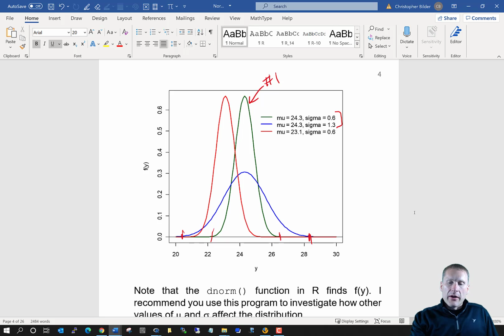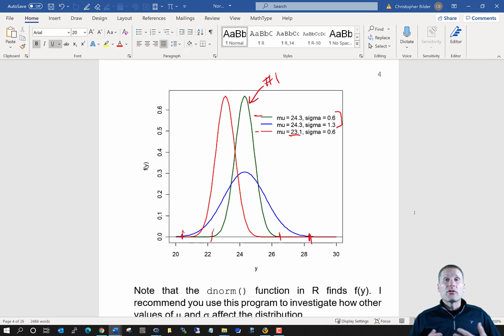Now let's compare the green curve to the red curve. The only difference is now the mean changes. And so the plot looks exactly the same, except the location of where it's at has moved to the left because 23.1 is less than 24.3. Because of that, mu is often referred to as a location parameter because it controls the location of where that distribution is going to be centered.